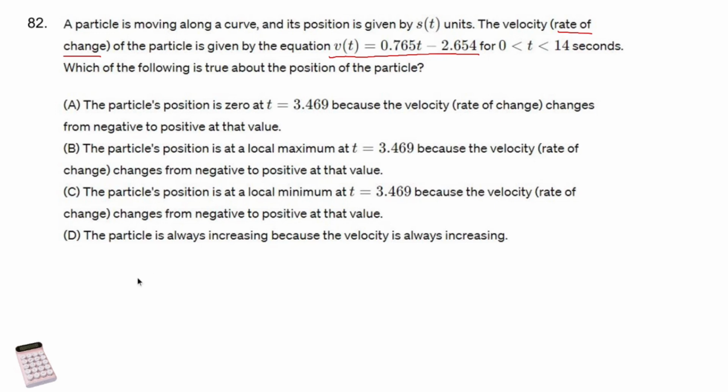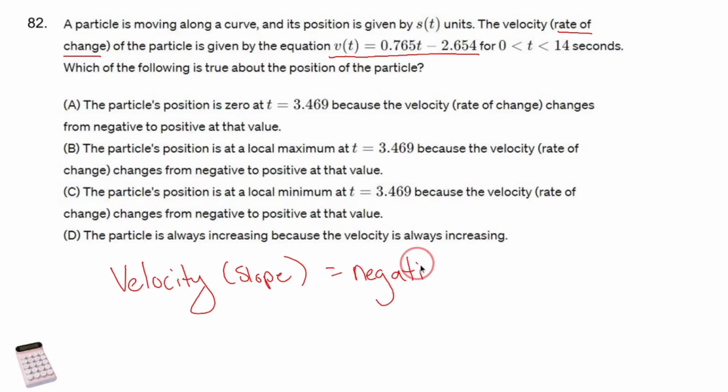So we have to understand that if the velocity, also known as the rate of change, also known as the slope, is negative, that means its position has a negative slope and its position is going down.